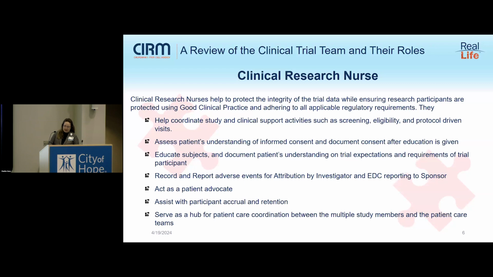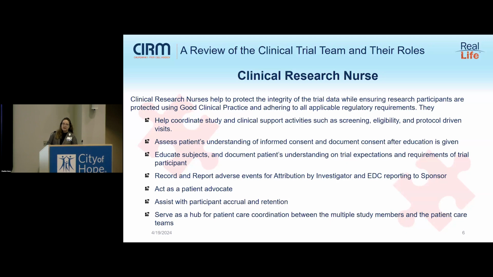So typically, you'll find if a patient is on a clinical trial, again, the CRN is typically looped in and becomes involved with all facets of the patient care coordination, from the floor to scheduling the appointments, to making sure that the nurses that are infusing the products are educated.